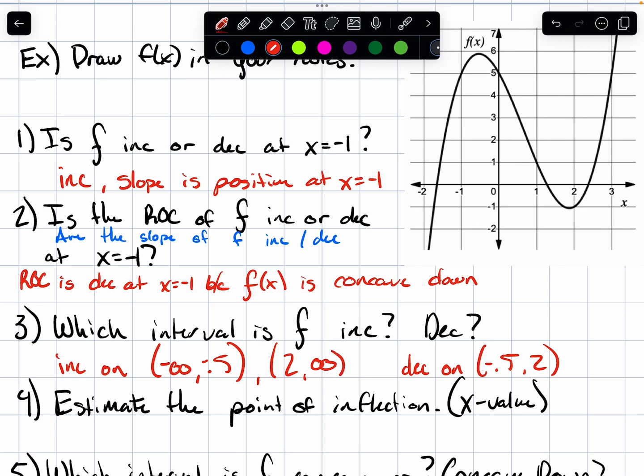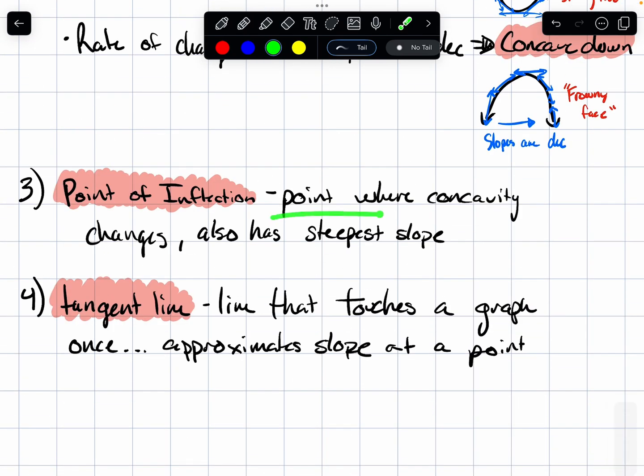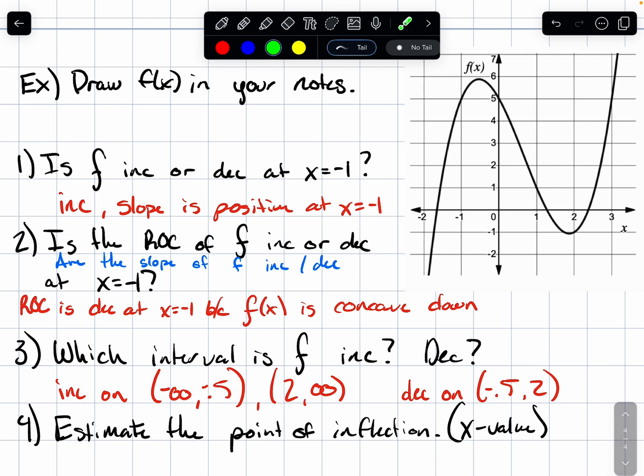Now, estimate the point of inflection. Let's go ahead and talk again about what the point of inflection is. It is the point at which concavity changes, and it also has the steepest slope. So let's keep those two things in mind as we answer this question. So we kind of talked about briefly before that it looks like we're concave down here till about here, and then it switches and we start to get that smiley face.